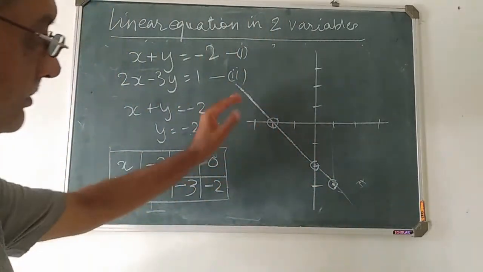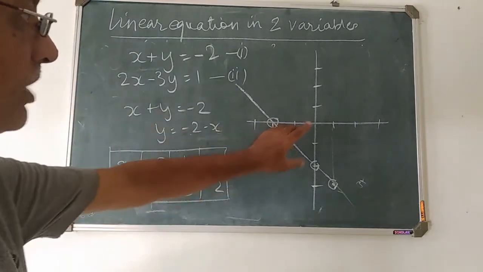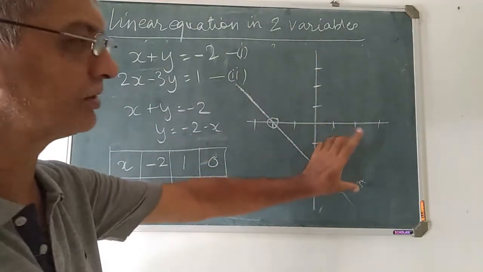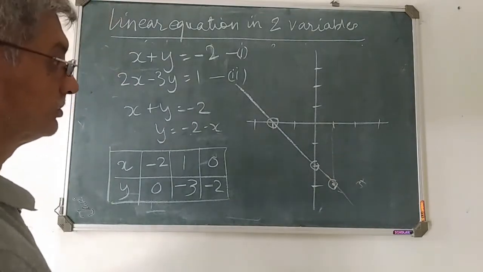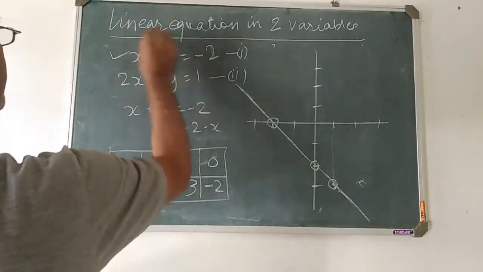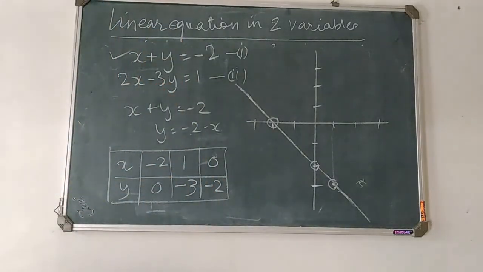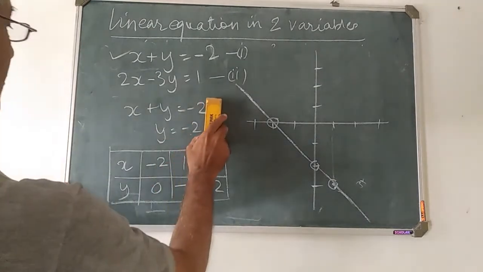The diagram is almost perfect. We have to take care to make these points line up. So this is the graph of this line, but we have to draw the graph of this line also. Let us see how this is done.